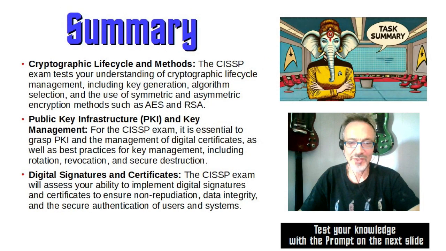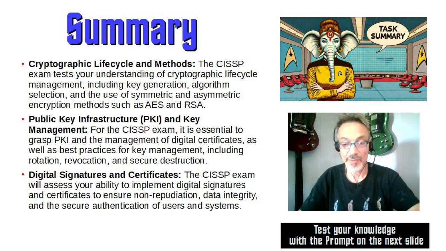All right, summarizing our task 3.6 here, we explored the cryptographic life cycle. That includes key generation, algorithm selection, key management, and cryptographic agility. We discussed various cryptographic methods such as symmetric for data, asymmetric for keys, symmetric keys, and authenticating hashes, and of course our hashing algorithms for integrity.